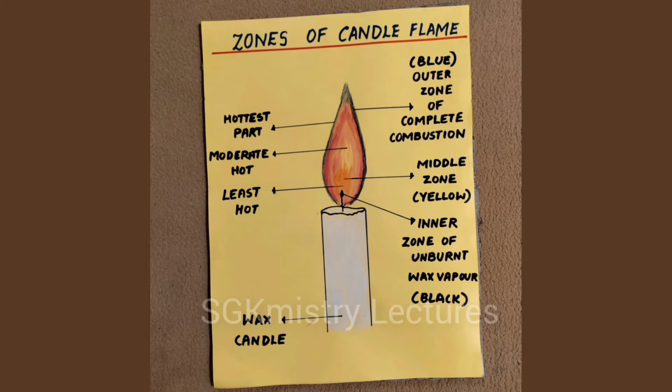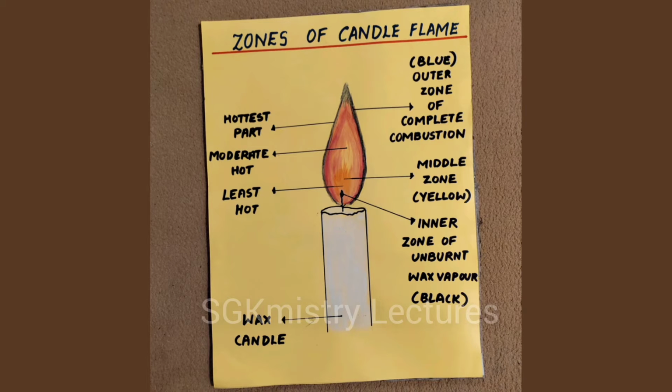We can divide it into three different zones based on temperature, whereas based on the extent of combustion, you can again divide the flame into three different zones: the outermost zone of complete combustion, the middle zone of partial combustion, and the innermost zone of unburnt wax vapors.